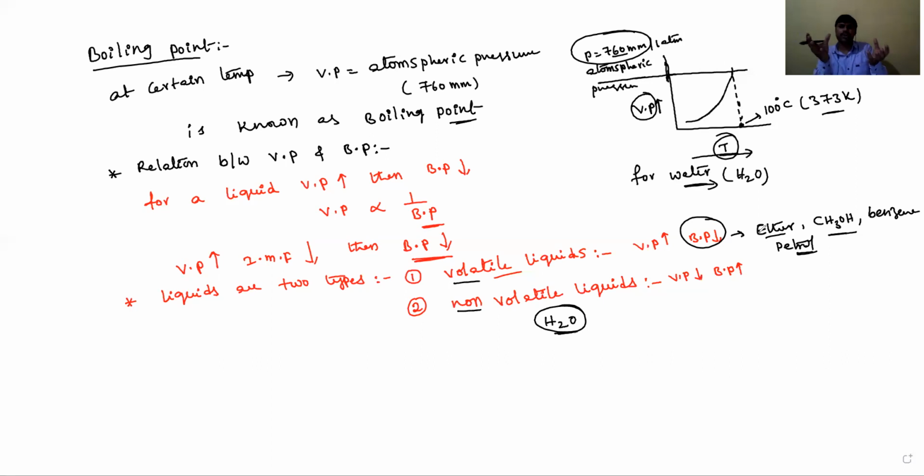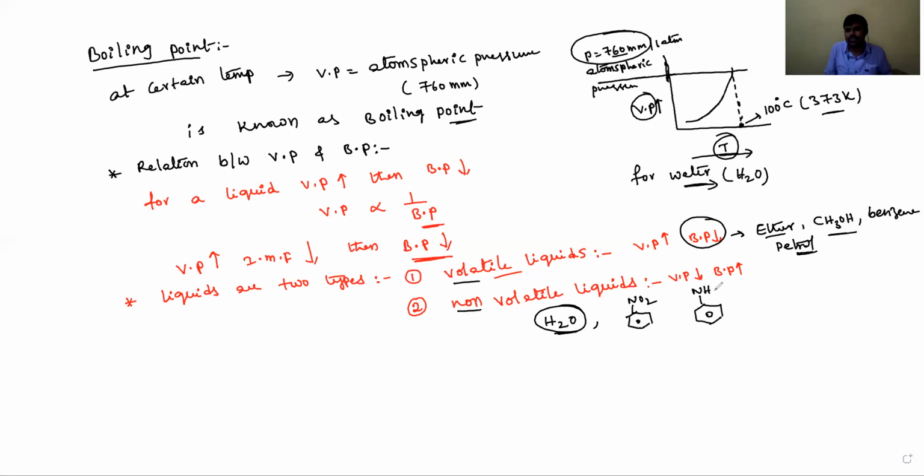In the same way, keep two beakers outside in the morning, one with petrol and another with water. The petrol quantity decreases after some time, but the water quantity remains the same. Petrol has high vapor pressure and low boiling point, so it is called a volatile liquid. The second type is non-volatile liquids like water, nitrobenzene, aniline.